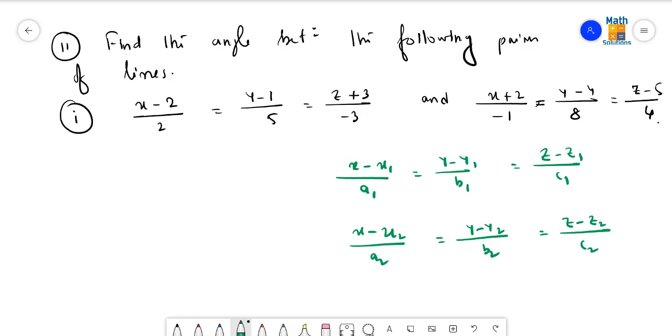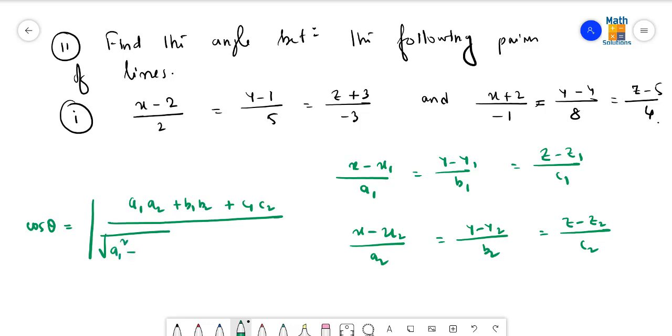In that case, the formula is cos theta equals modulus of a1 a2 plus b1 b2 plus c1 c2, divided by square root of a1 square plus b1 square plus c1 square, times square root of a2 square plus b2 square plus c2 square. So these are a1 b1 c1 and a2 b2 c2. Using this rule we can solve this sum.